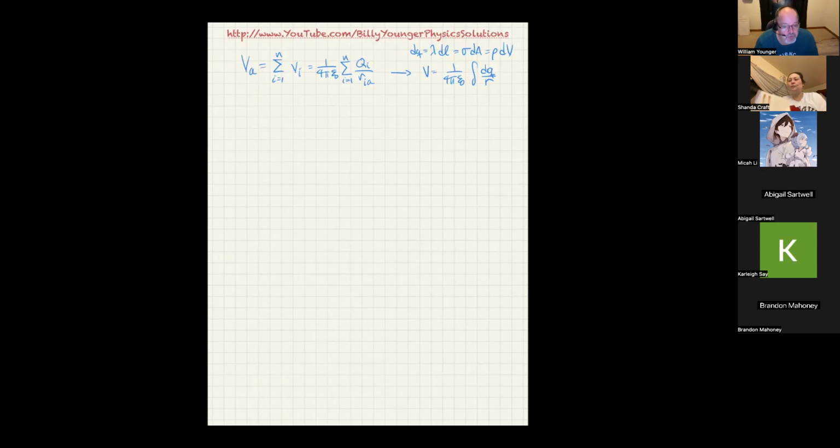So anybody have any questions about that part? I'm getting ready to do a problem to help you understand it. So let's start off and calculate the voltage at a distance z above a ring of charge.